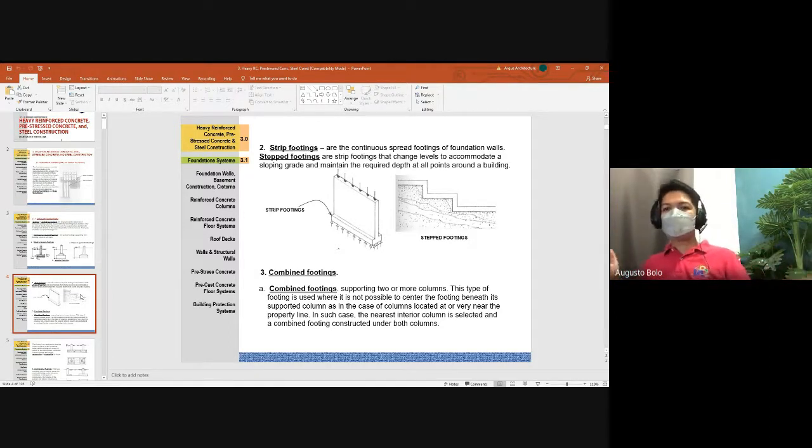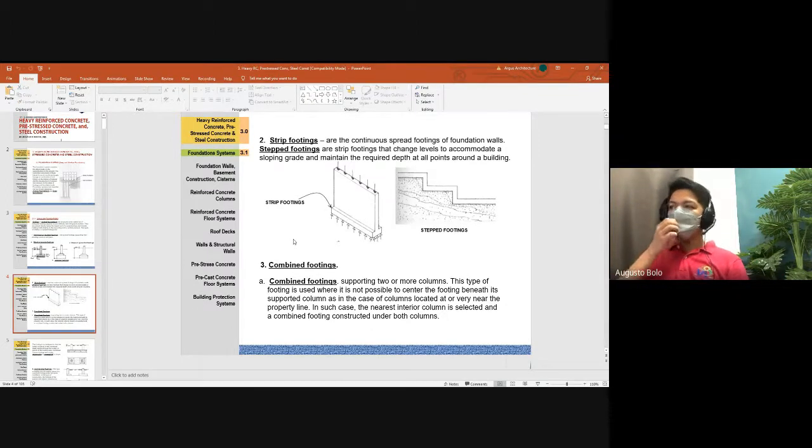You will be providing an entire part of that as a strip footing. Step footing on the other hand is like strip footing din, pero it's made of steps. So that's the definition of that.